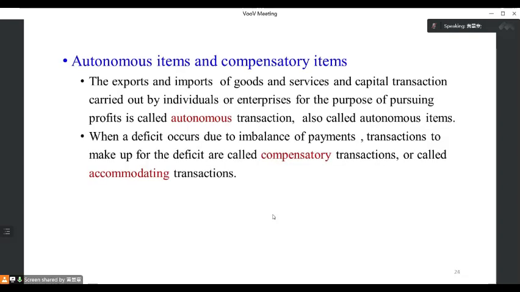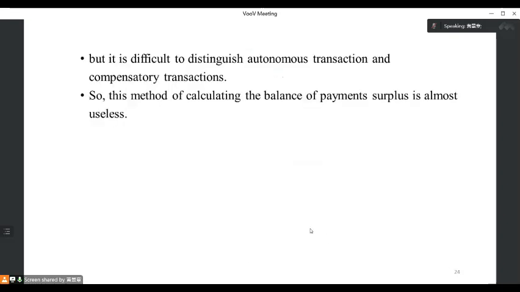From these comments, we should know autonomous items and compensatory items are useful in definition, but when this calculation method is applied to real actions, it will be almost useless.